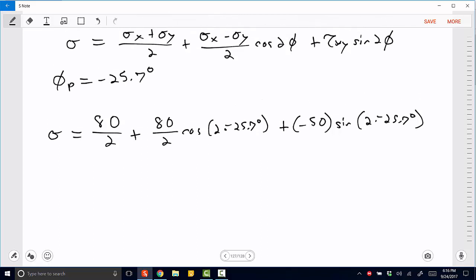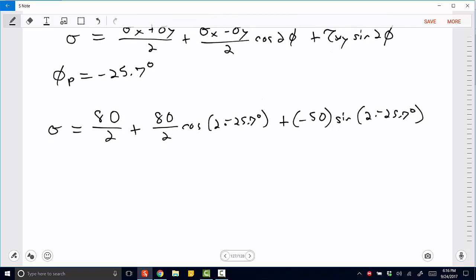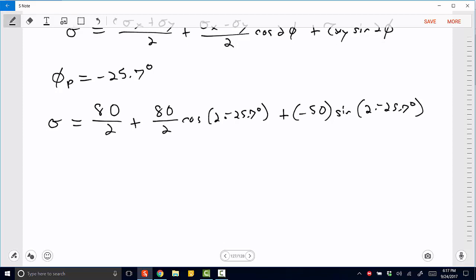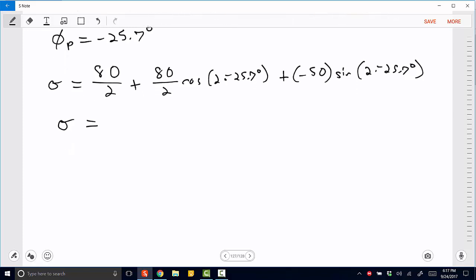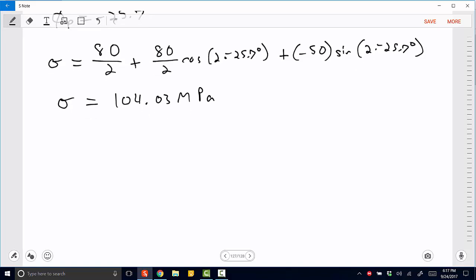So we go ahead and plug in the things we know, and plugging in that first phi p, the one we're not sure if it's phi p1 or 2 or whatever, we put it in our calculator, and we'll find that the normal stress is 104.03 megapascal. All right.